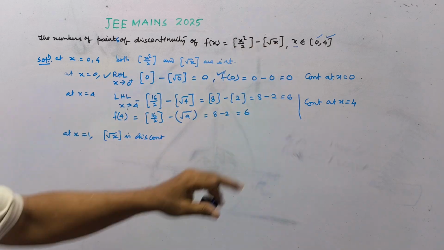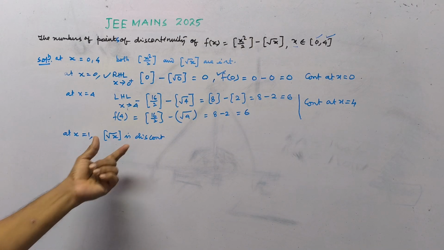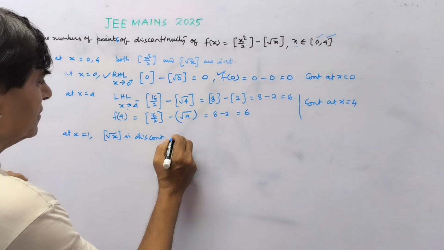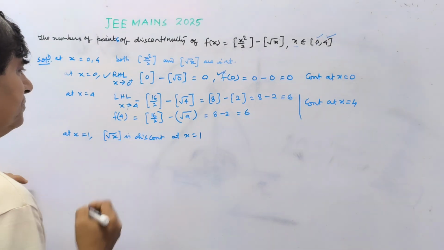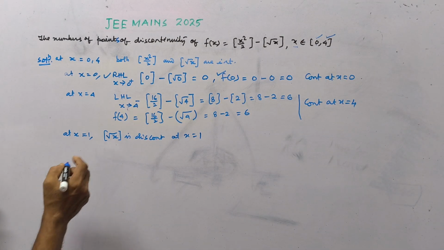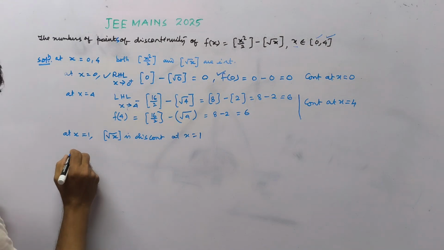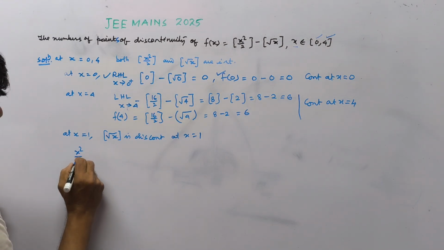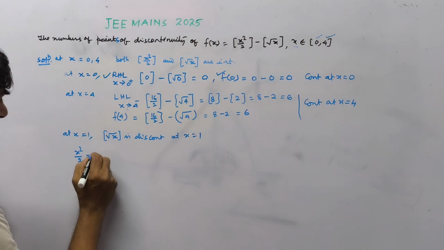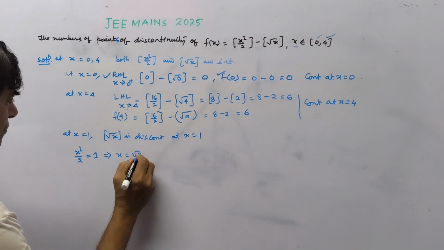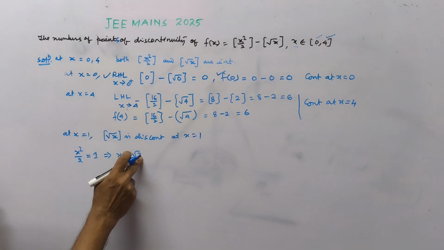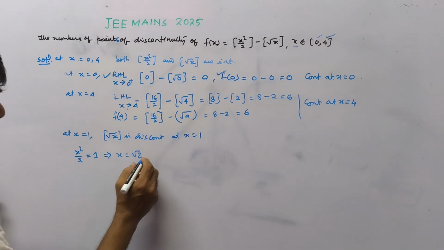So continuous minus discontinuous will be discontinuous. So it is discontinuous at x is equal to 1. Now test for this one. If x square by 2 is integral value 1, this implies x is equal to root 2. So at x is equal to root 2, it is discontinuous.